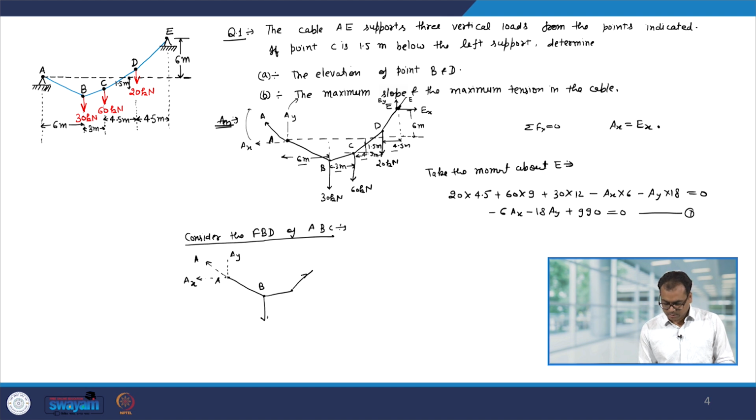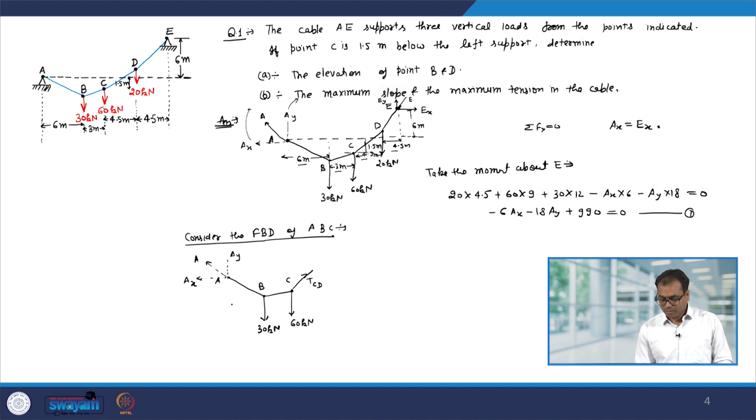At B you have a 30 kilonewton force, and at point C we have a 60 kilonewton force, and then there will be another tension T from C to D. So, this makes the free body diagram.